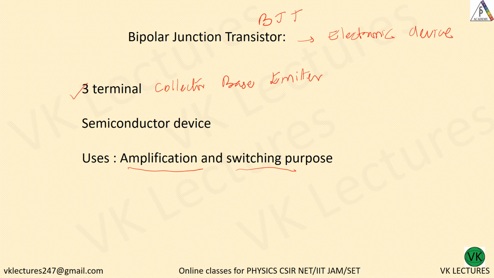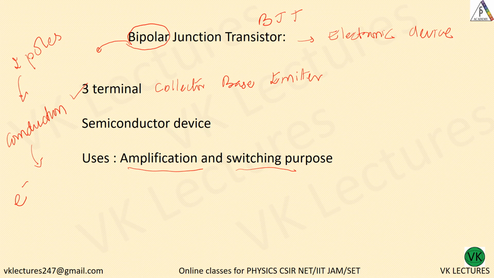Now, what is this bipolar? What does this indicate? Bipolar means two poles. Now, this indicates who is taking part in conduction. Bipolar: both electrons and holes.